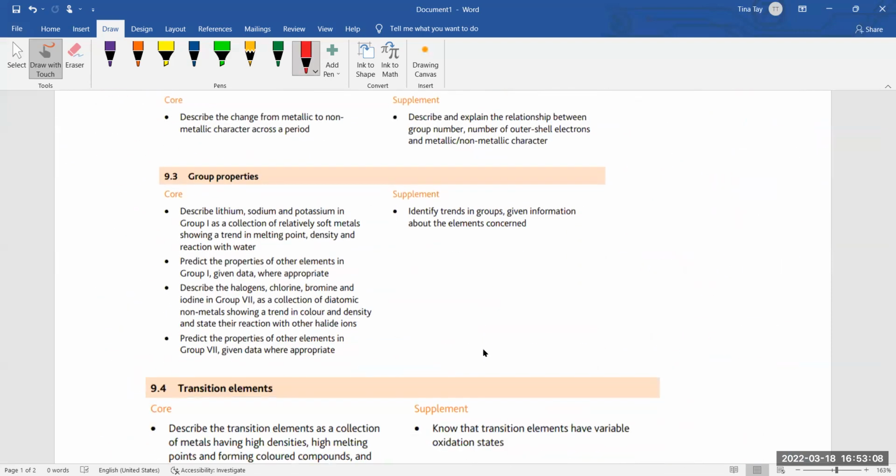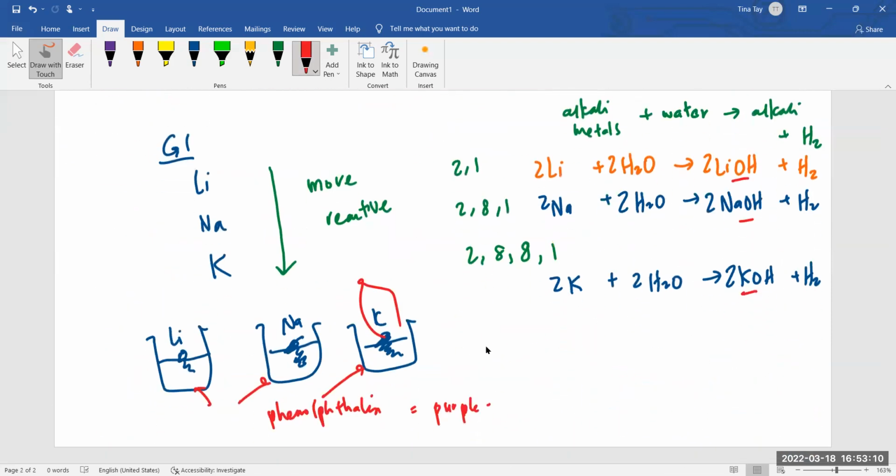Okay. So as you go down, it becomes more reactive. As you go down, it also becomes more dense. All of them have very low density, but the density increases slightly. It becomes softer as you go down the group.